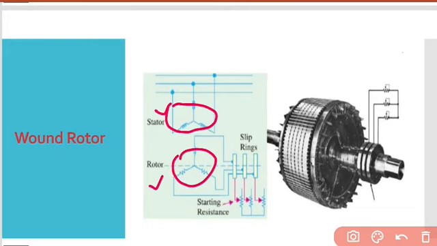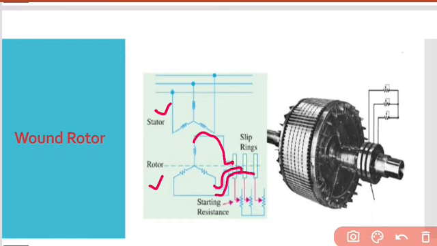Okay, so the rotor terminals are connected to three slip rings which turn with the rotor. These are the three slip rings with which the rotor winding is connected. So three slip rings are connected with the three windings, you can see it.